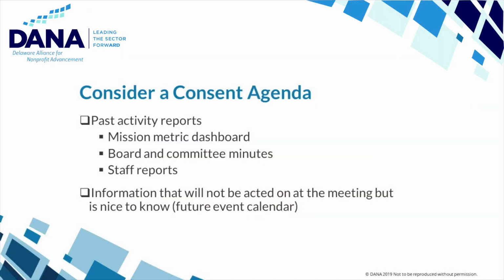One mechanism is called a consent agenda. A consent agenda includes reports, the prior minutes, committee minutes, and information that might be nice to know but not necessarily important to cover during the board meeting.